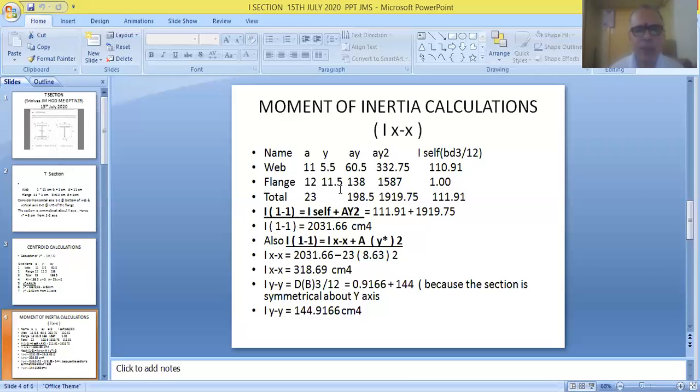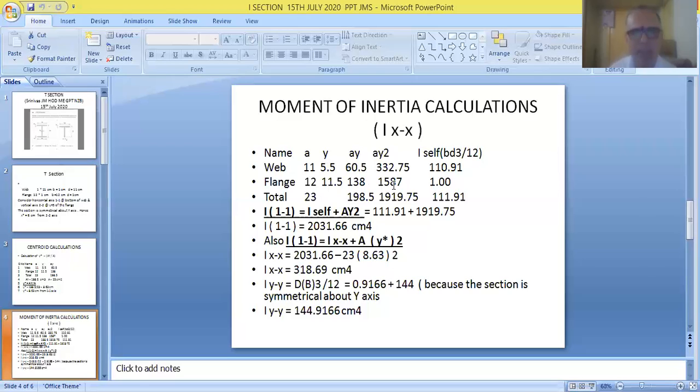Now, friends, you take this value. This is y1 and this is y2. This is a1 y1, this is a2 y2. So find the product of these two parameters. You get this value: 65.5 multiplied by 60.5 comes to 332.75. Similarly, 11.5 into 138 comes to 1587.